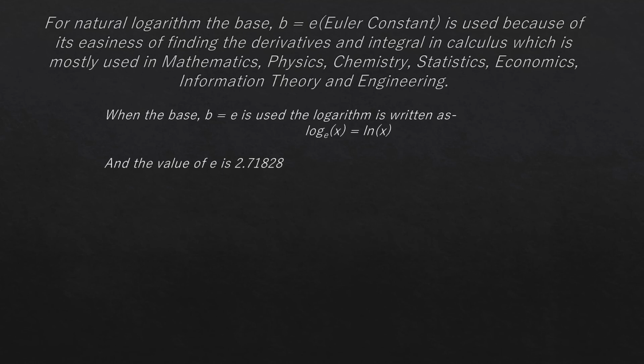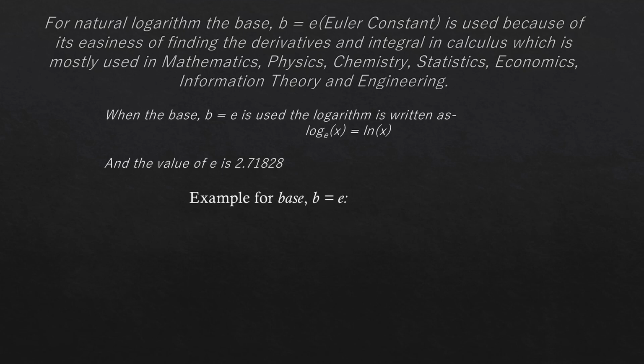When the base b equal to e is used, the logarithm is written as log base e of x equal to ln x. That means we can pronounce this as ln x. And the value of Euler's number e is 2.71828.